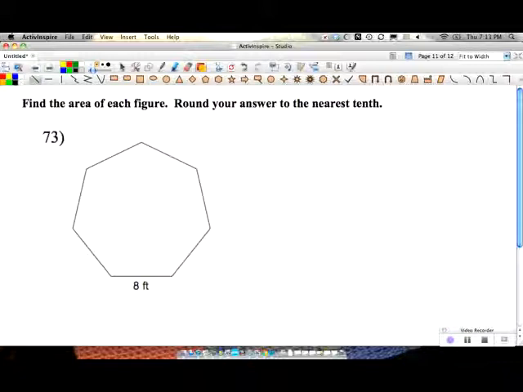I know my lines aren't going to be perfect, but you guys will hopefully see where it's coming from. Now, because this is a regular polygon, whenever it says regular, that means that all these sides are the same.